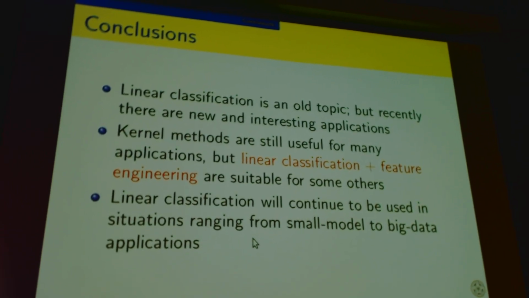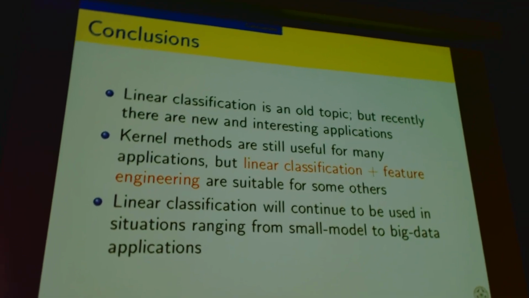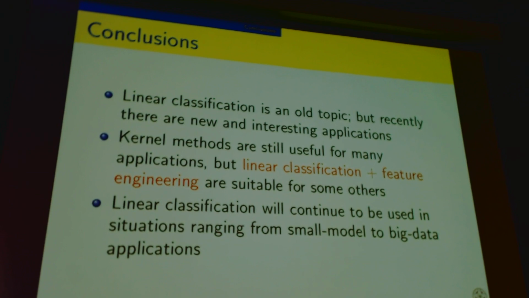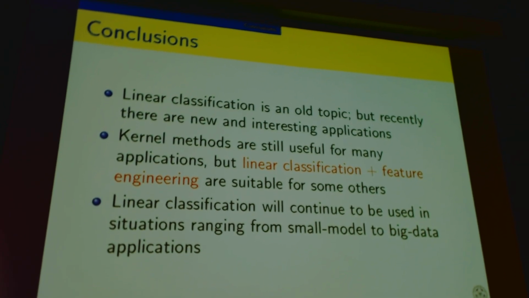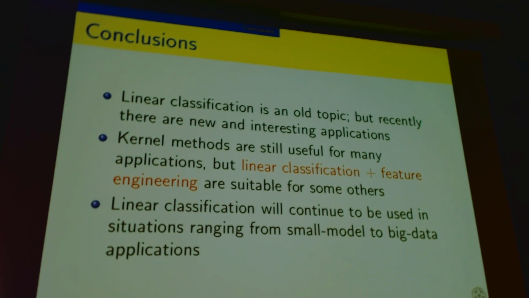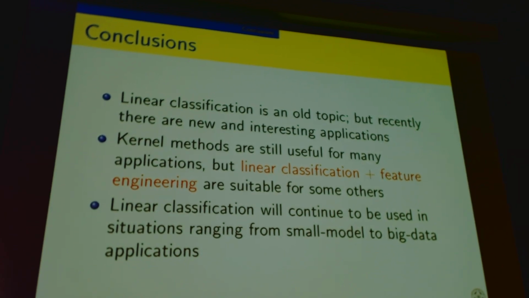So here's the conclusion. Of course, we know that linear classification is a very old topic. But recently, because of internet applications and maybe also other areas, because of those new and interesting applications, linear classification becomes useful again. But I'm not saying that kernel methods are not useful.